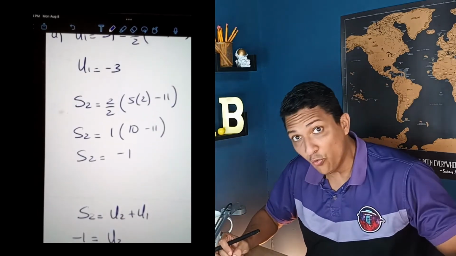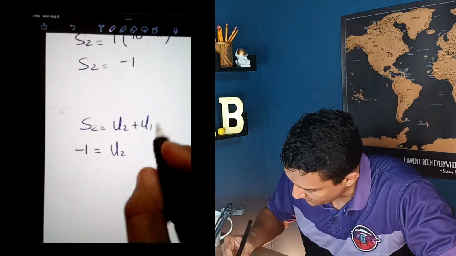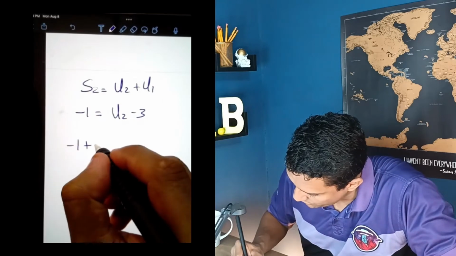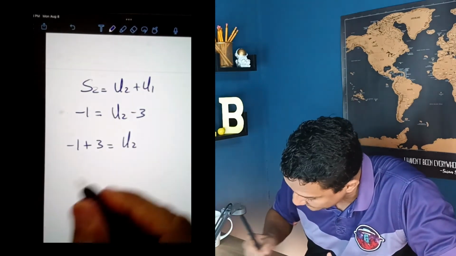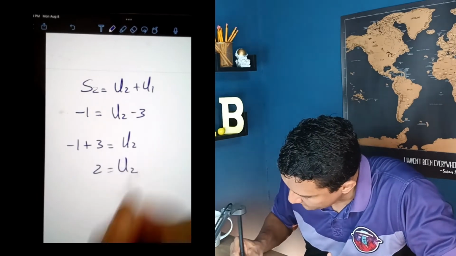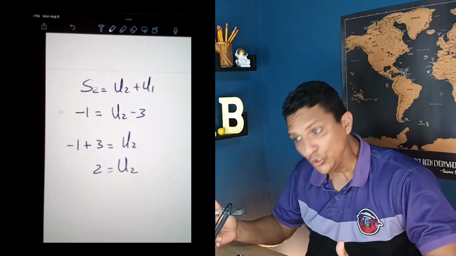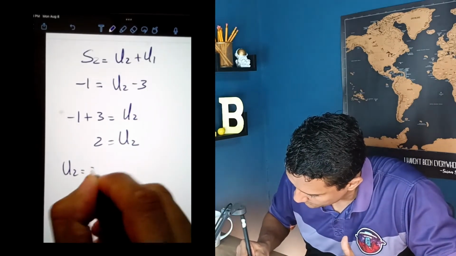And I know that U1, which I found previously, is negative 3. So I just need to solve this, passing the negative 3 to the other side, adding. And what we're going to find is that U2 is 2. So U2 is 2.